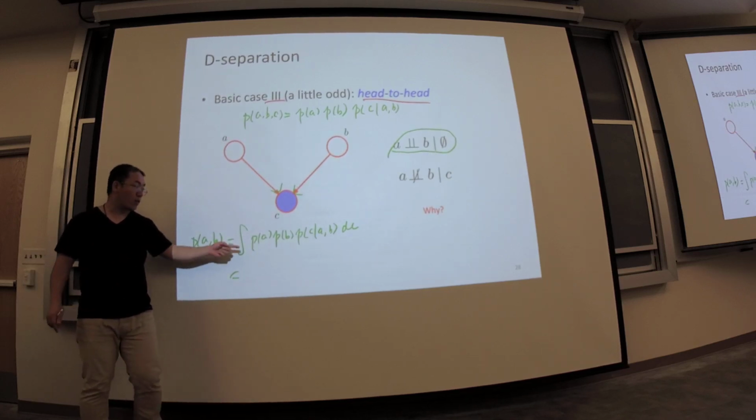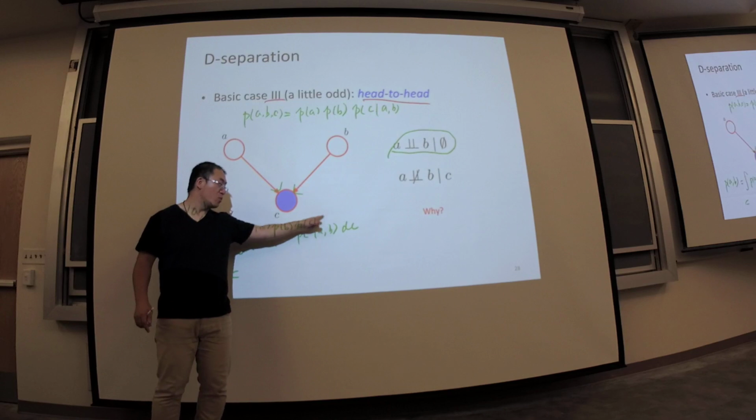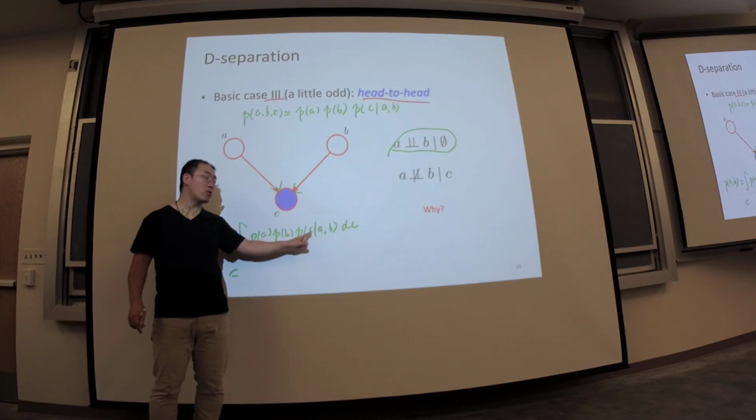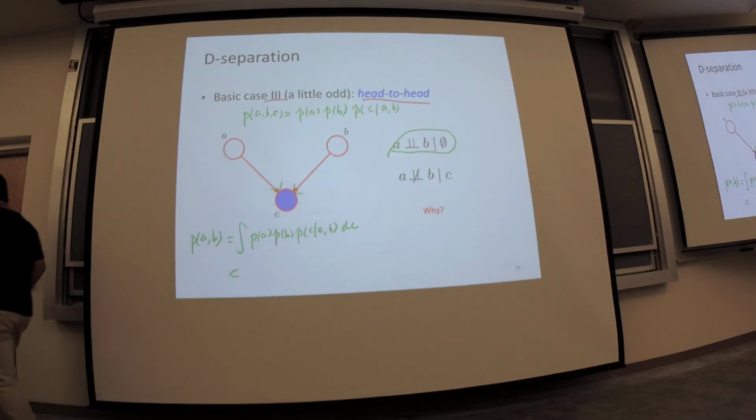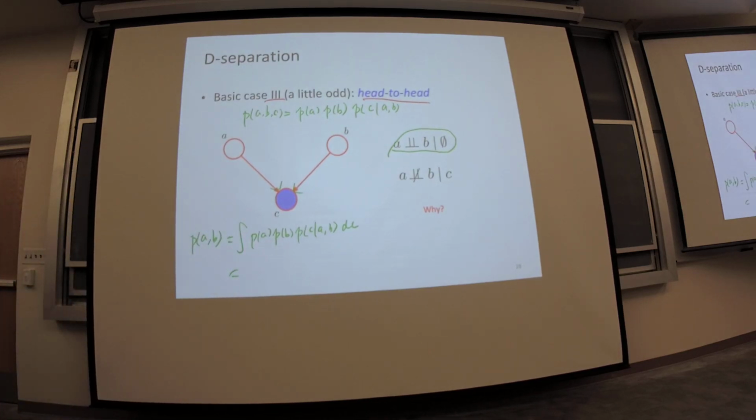You move A out, you move B out, so it's just the conditional probability of C given A and B. You integrate out C, it's just 1, right? So you immediately arrive at the product P of A and P of B. Basically, it means that A and B are independent when they are conditioned on nothing. When C is not observed, it's fine.